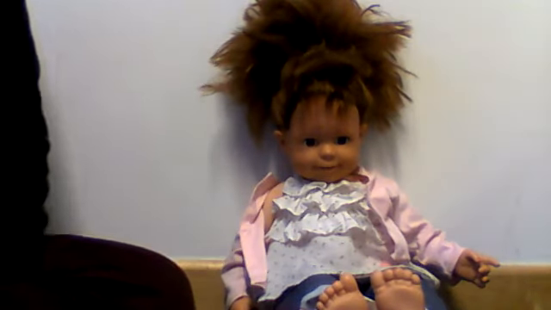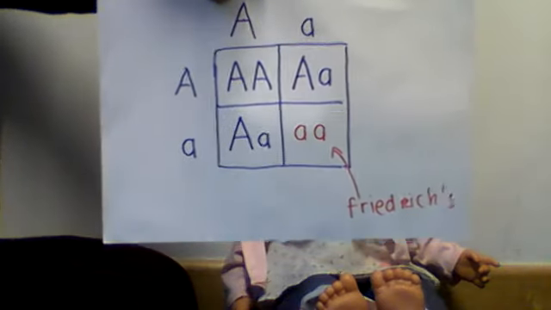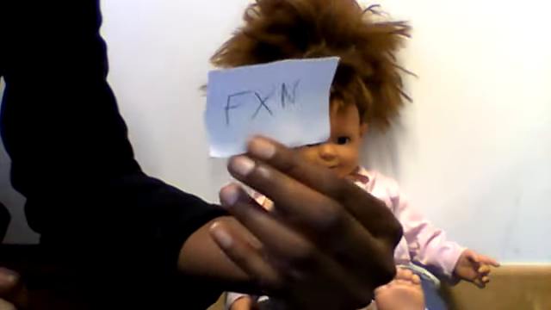With Friedreich's ataxia, it's an autosomal recessive disorder, so you can see the pattern of inheritance there. It's due to a repeat in the FXN gene, which leads to a lack of expression of the frataxin protein.